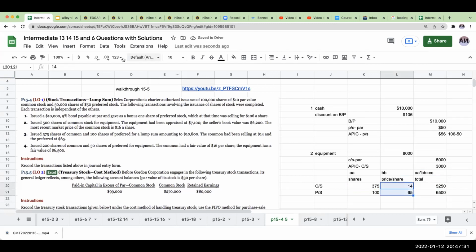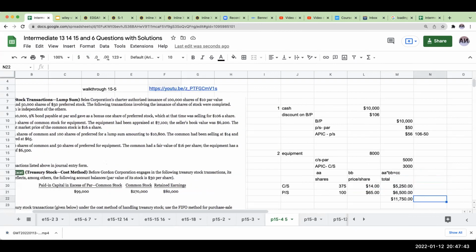So right over here, the total value of the shares that we're giving up is 11,750. Given that the amount we're receiving is a lump sum of 10,800, I want to figure out my percentage of total for each.